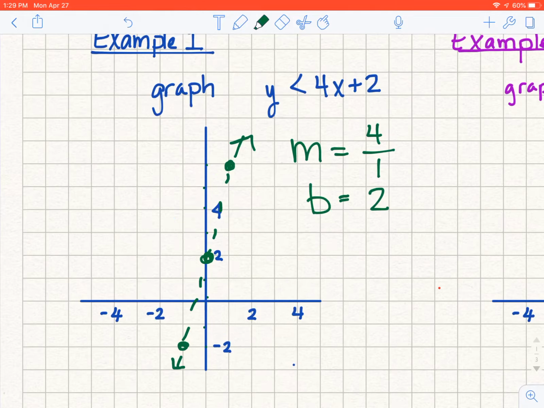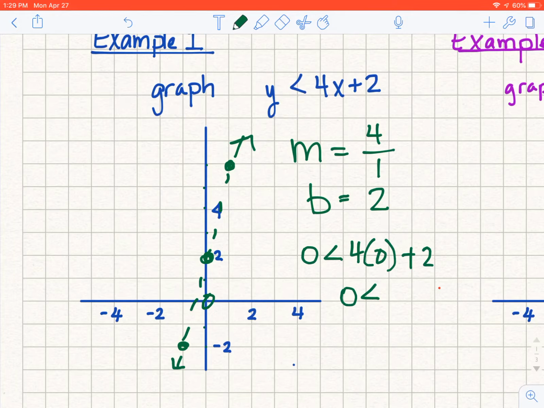And I always pick a point. I never, ever try to memorize anything because I usually end up forgetting things that I memorize. So I pick a point that is not on the line, because you can't pick a point on the line. My favorite is the point 0, 0. Okay, so I put in 0. Is 0 less than 4 times 0 plus 2?